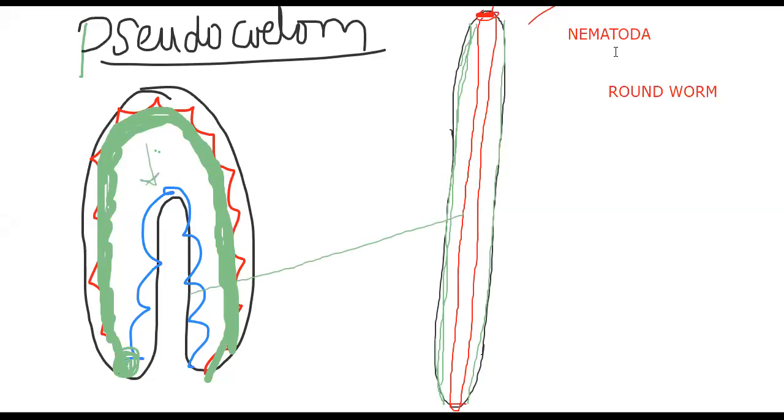Mesoderm is not coming towards the endoderm, so that's why there are no muscles in the elementary canal of nematodes.